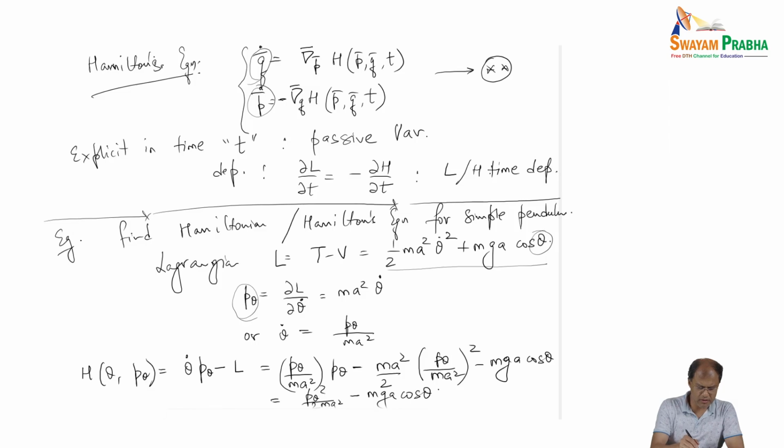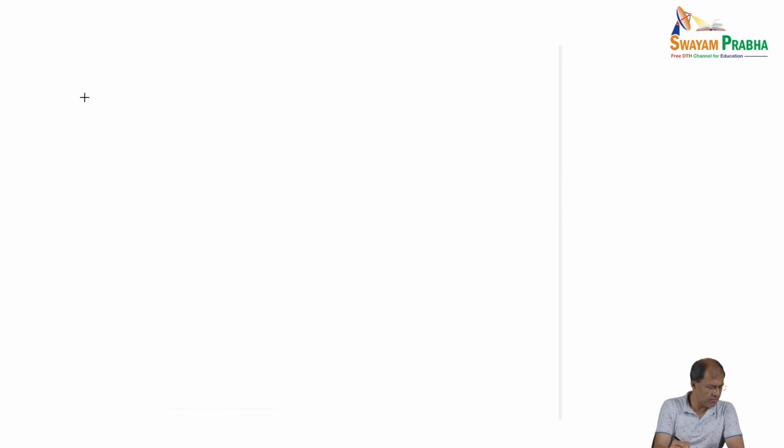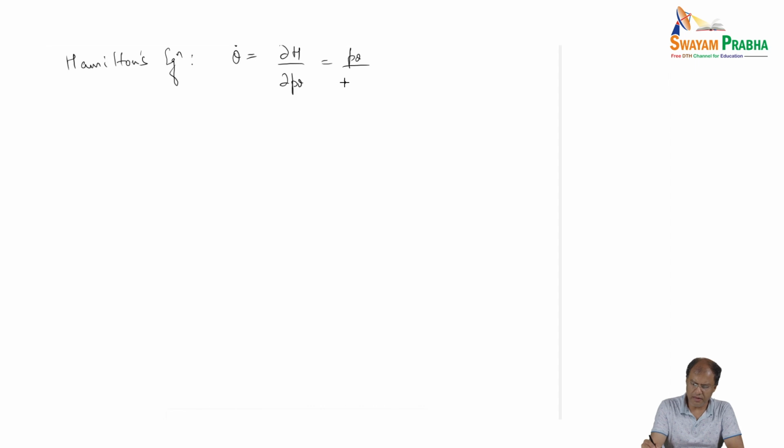As I just said, my Hamilton's equation is theta dot given by partial H partial p theta, which is p theta by ma square, and p theta dot is minus partial H partial theta, which is minus mga sine theta.